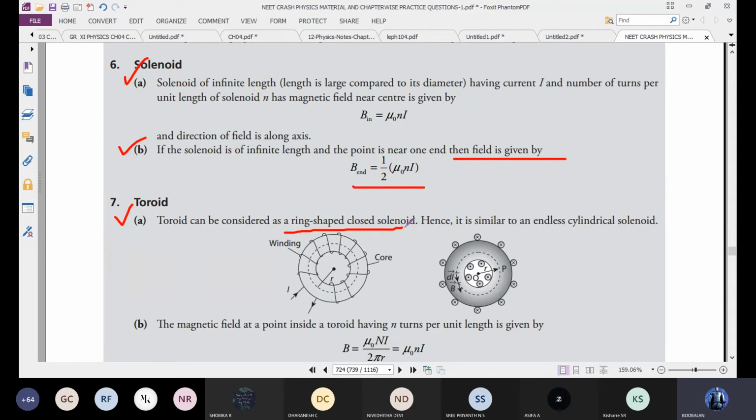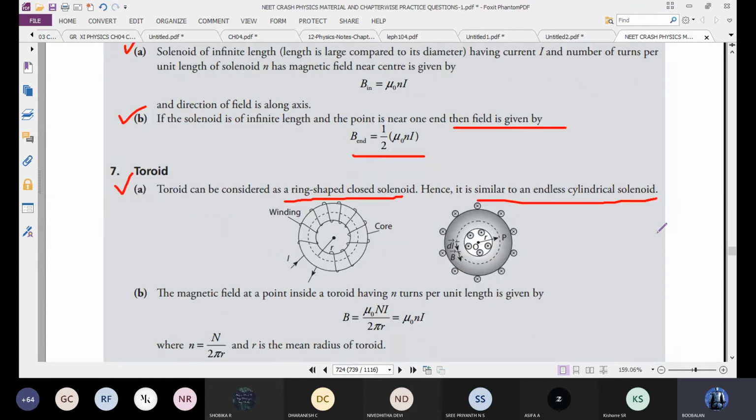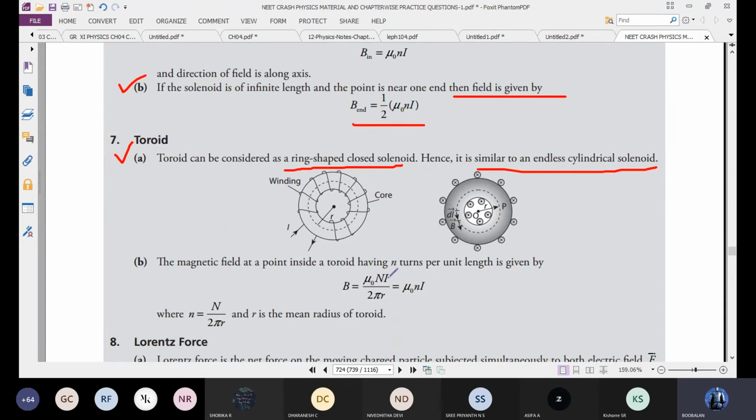The formula: the magnetic field at a point inside a toroid having n turns per unit length, B equal to mu naught n I. So what is the value of n? Capital N divided by 2 pi r. Please note the formula.